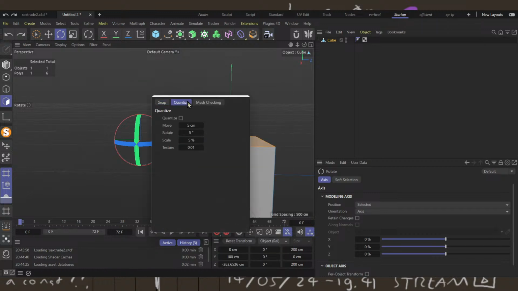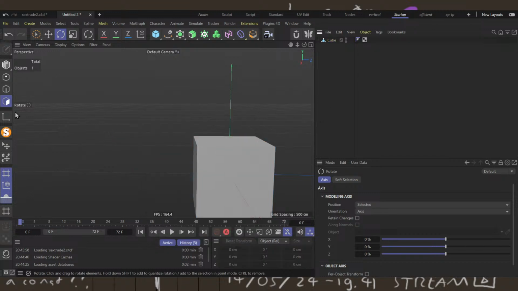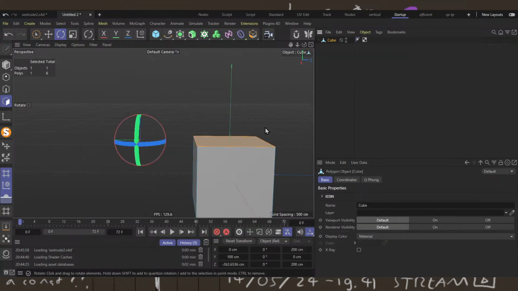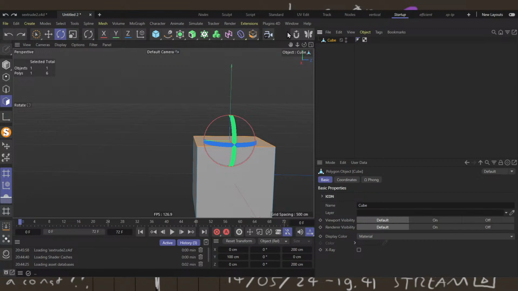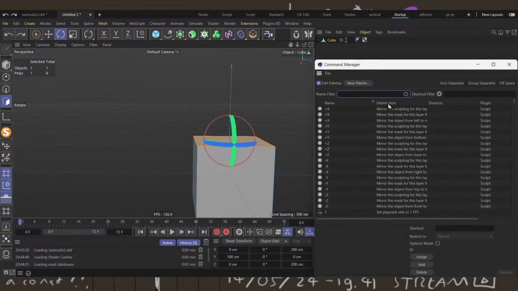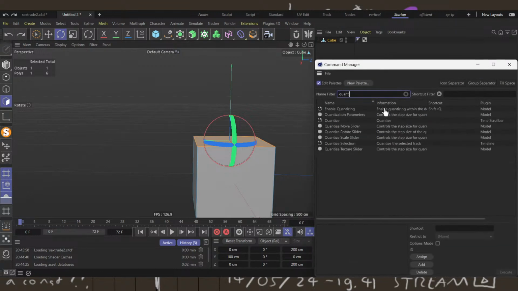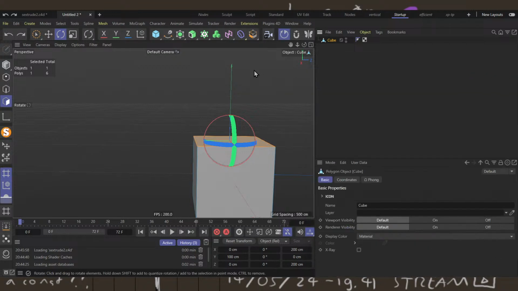Control Q, or so let's say I want to go for 90 degrees and I change the rotate to 5, that's fine. I select the cube and enable quantize, so now everything I do snaps. While we're at it, I want to update my palettes here. Enable quantizing, put that there. It's a pretty useful thing.